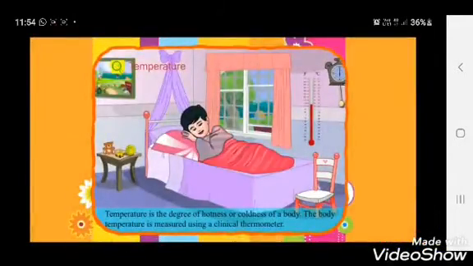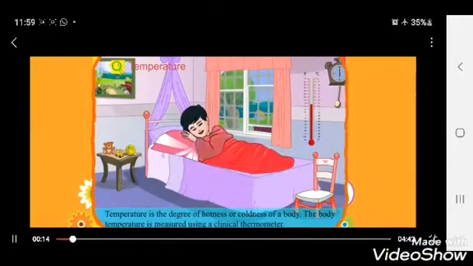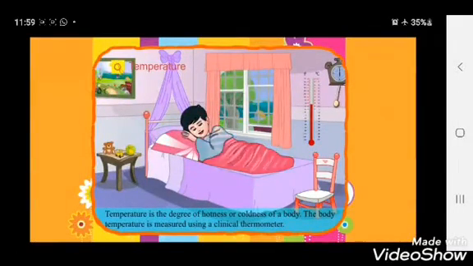Temperature is the degree of hotness or coldness of a body. The body temperature is measured using a clinical thermometer.